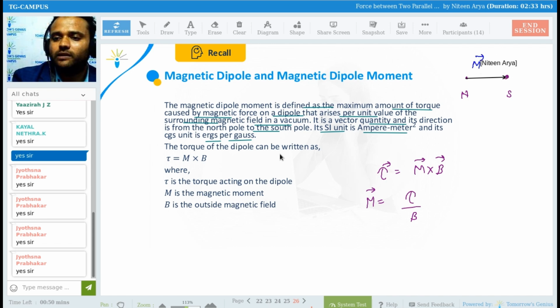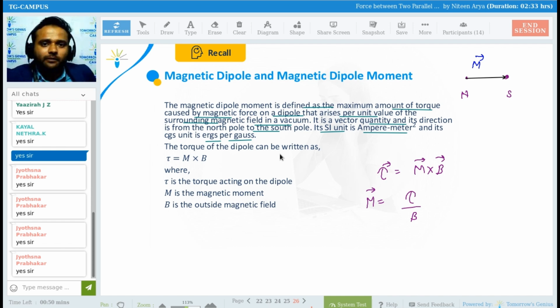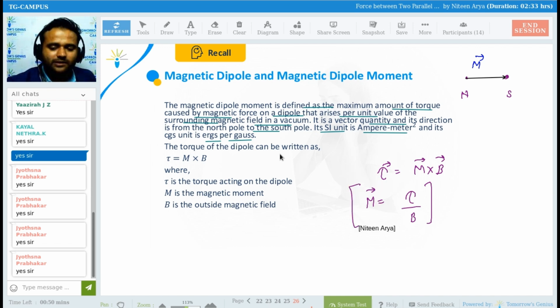Clear? In a simple way, magnetic moment is the maximum torque applied by any magnetic dipole or magnet in the presence of an external magnetic field, or you can write it as the ratio of the maximum torque applied by this magnetic dipole in the presence of a magnetic field.